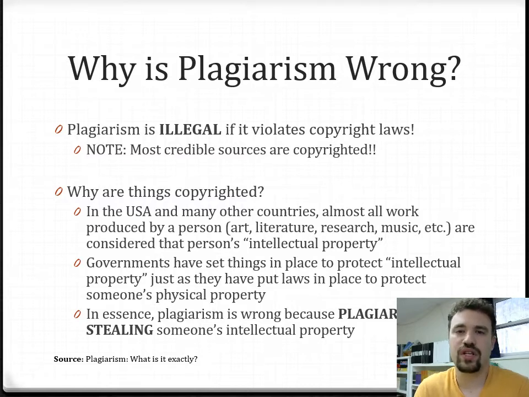So when you're researching and you're looking at information from sources, you're allowed to borrow those things and include some of those things if you give credit where credit is due, as long as you're not just wholesale taking the whole thing and passing it off as your own work, right? So if you're borrowing bits and pieces and certain information from something but you're giving credit, that's considered legal according to fair use laws. So in essence, plagiarism is wrong because plagiarism is stealing someone's intellectual property at some level.